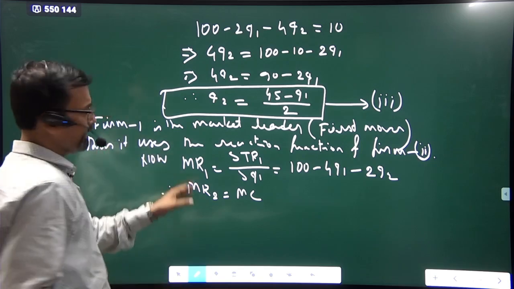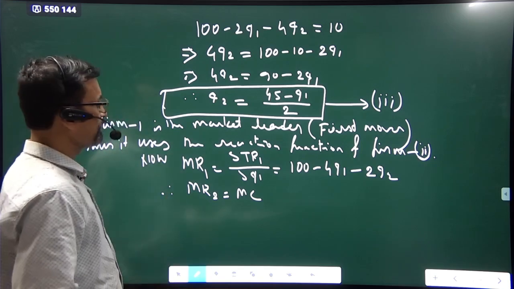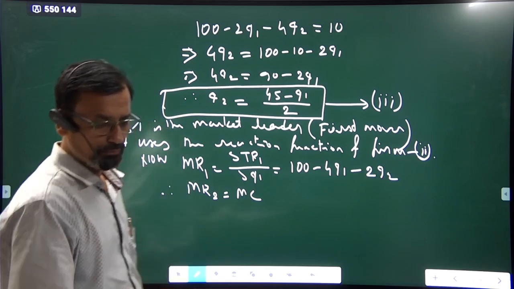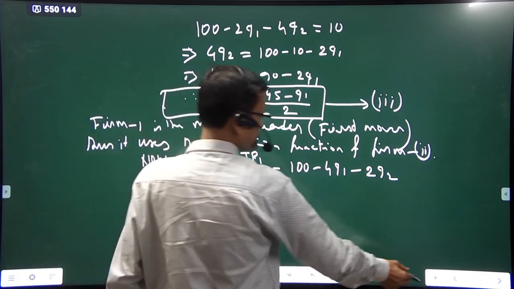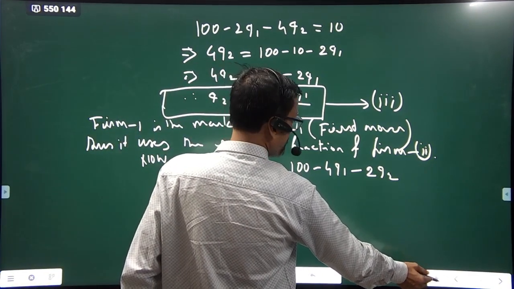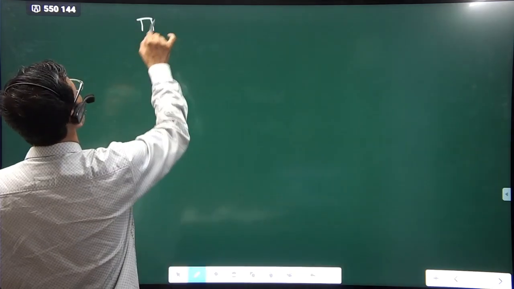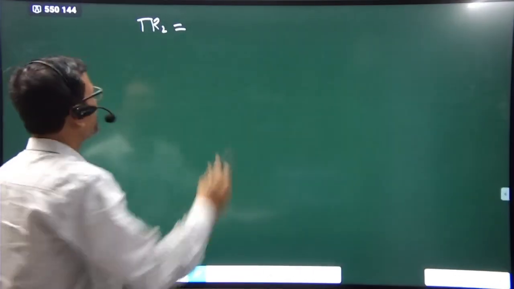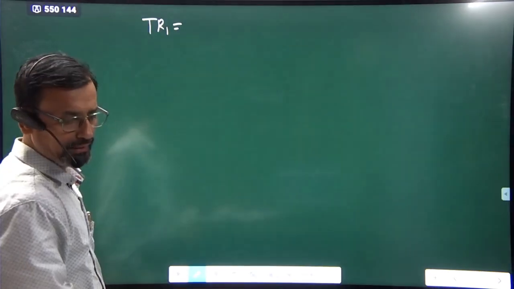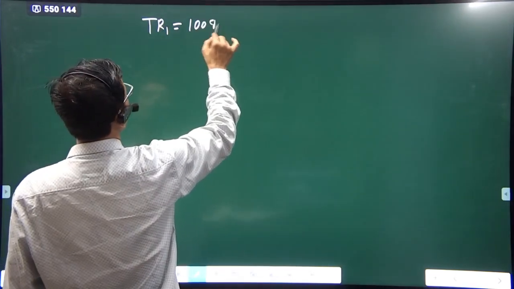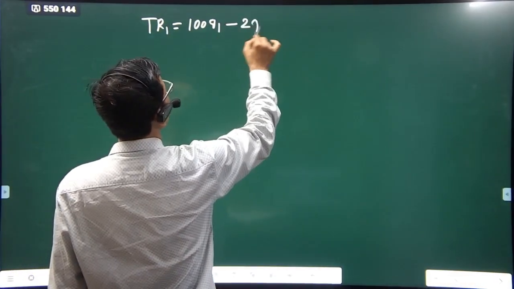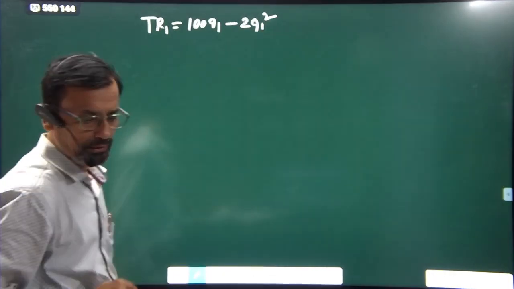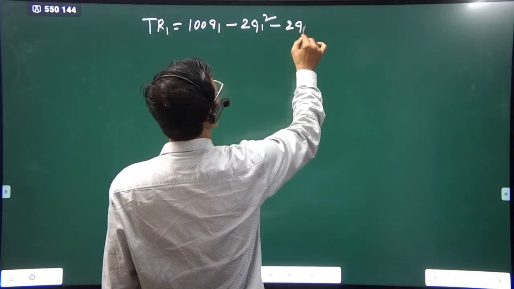Total revenue in market 1 is 100Q1 minus 2Q1 square minus 2Q1 Q2.